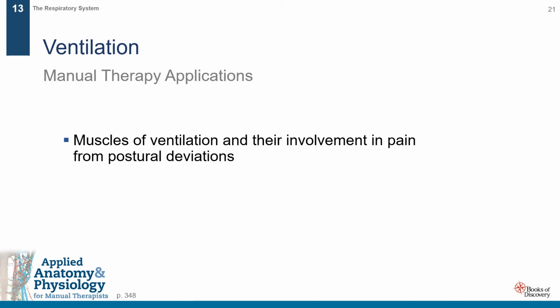When this happens, breathing becomes shallower and other inspiratory muscles must work harder to ventilate the lungs. In these cases, reducing a client's chronic neck and back pain may depend on relieving muscle tension and fibrous buildups in the muscles of ventilation.